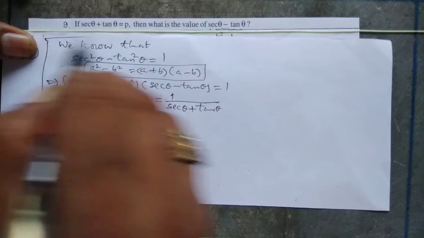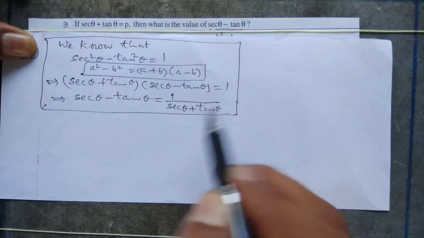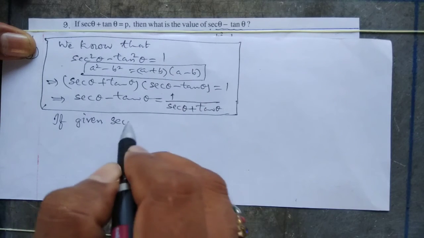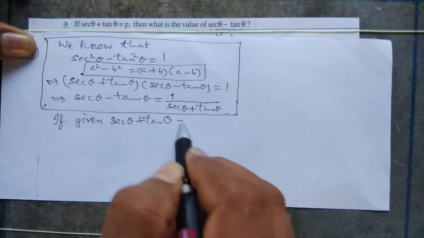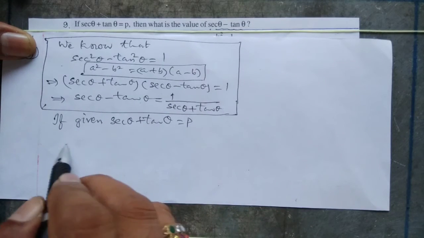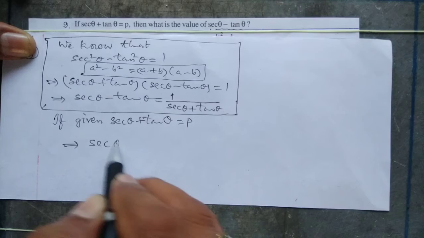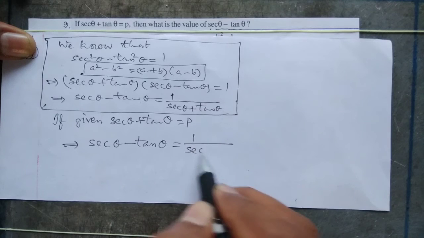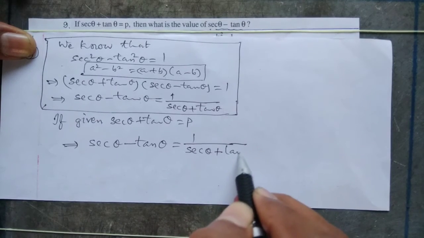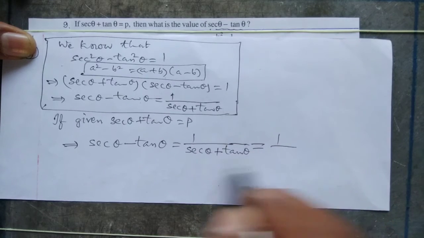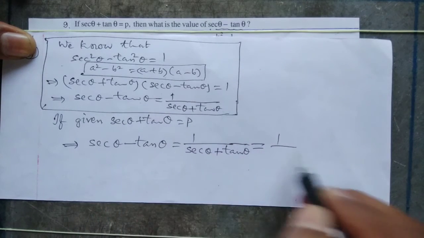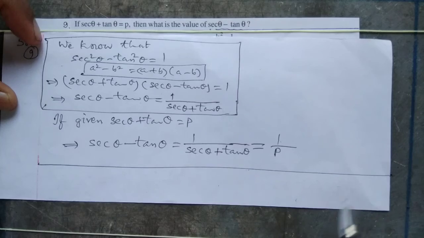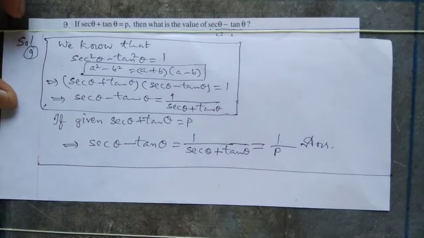So basing these formulas, if given sec theta plus tan theta is equal to p, then sec theta minus tan theta is equal to 1 by sec theta plus tan theta, that is 1 by p, as p is given. So 1 by p is the answer.